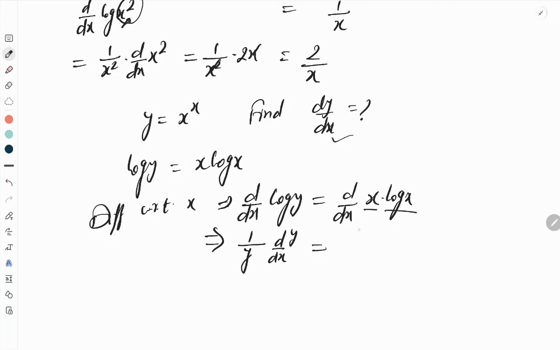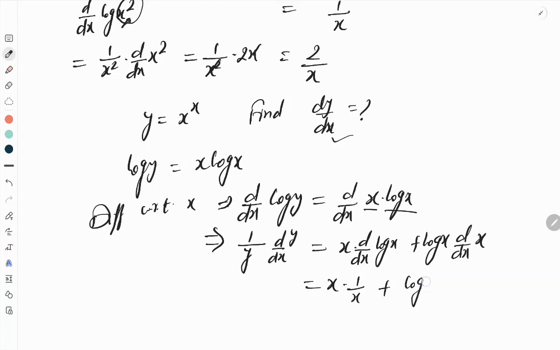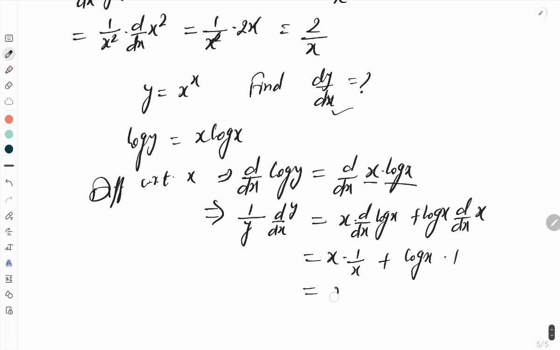So dy by dx is, after that, first function outside, derivative of second function, derivative of log x, plus log x, second function outside, derivative of x. So x into the derivative of log x, 1 upon x, plus log x and derivative of x is 1. So it becomes 1 plus log x, equal to 1 upon y dy by dx.